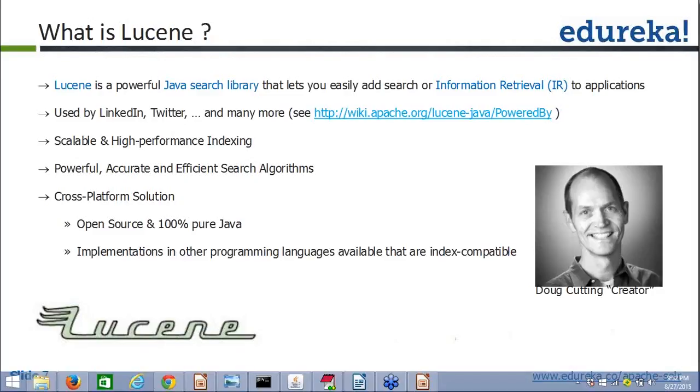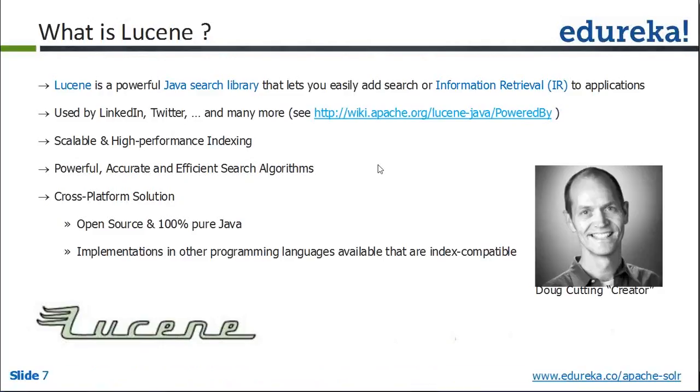As of now, it's open source and 100% pure Java. But you have other versions of Lucene as well, like Lucene.NET, and a Python version. There are a few other programming languages in which Lucene is available. Any language which supports indexes, we have a version of Lucene available for that. Okay.